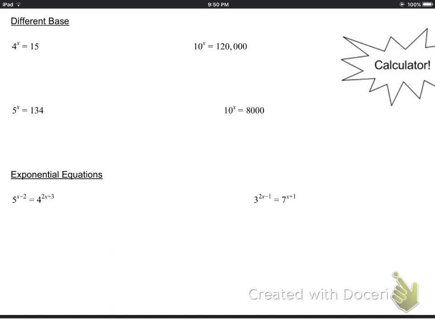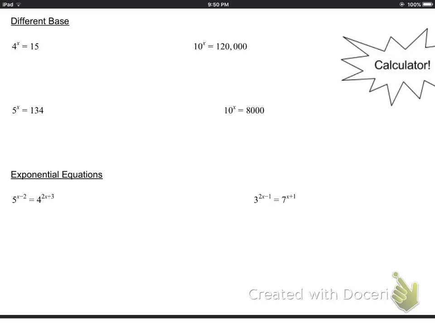Okay, moving on, most situations are where the bases are different and are not as nice. You know, in most real-world situations, you're not going to get, oh, look, this is a power of the other. So, for example, this first one here, 4 to the x equals 15. Well, 15 isn't a power of 4 or a power of 2, so we can't change the bases to make them nice.